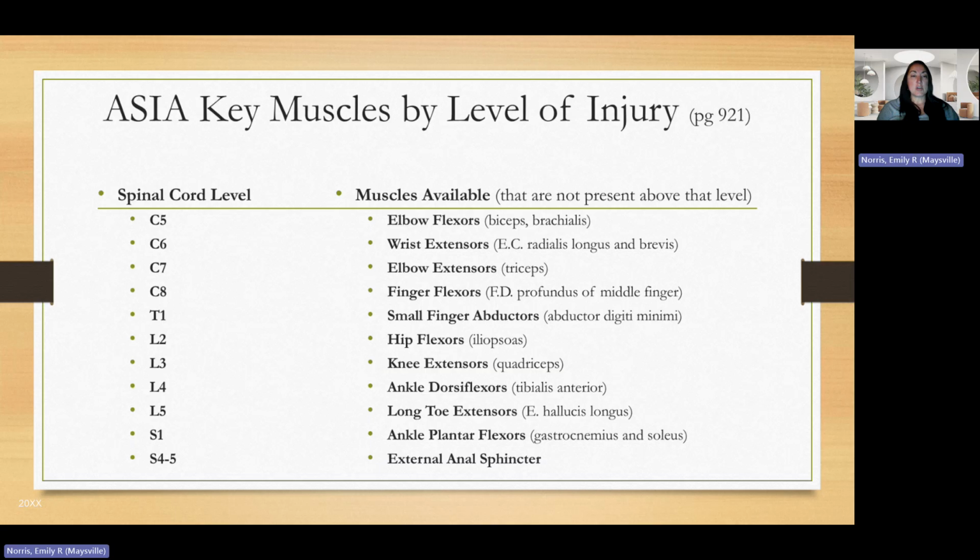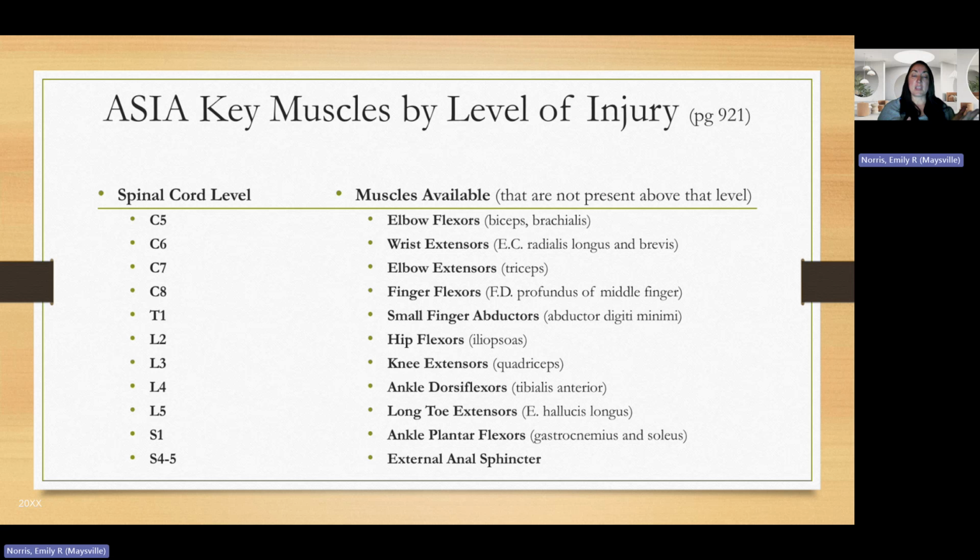These are the ASIA key muscles by level of injury. For the first one at the level C5, if somebody has a C5 spinal cord injury, then all the muscles listed below that level will be paralyzed or weak, depending on if it's a complete or incomplete injury or lesion.